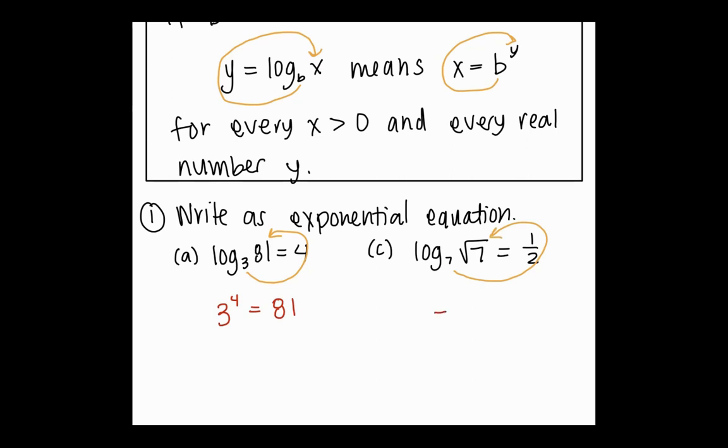I have 7 to the 1/2 equals the square root of 7. Is that true? If I have an exponent of 1/2, is that the same thing as doing the square root? Yes. So when we're doing these ones, if we're going log to exponent, make sure your exponent makes sense.